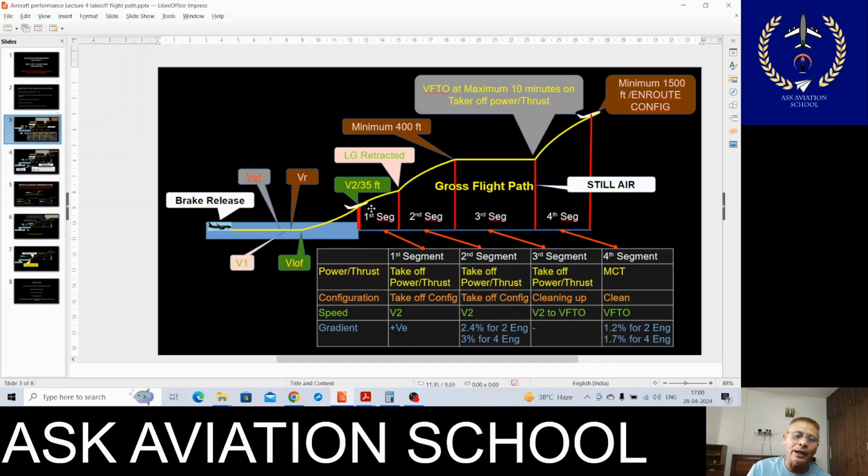So this flight path under consideration is the gross flight path, which normally the aircraft should be able to follow, and it is considered under still air.